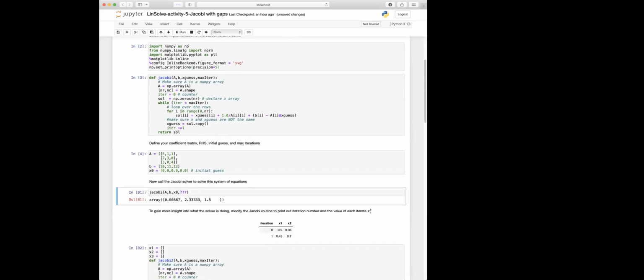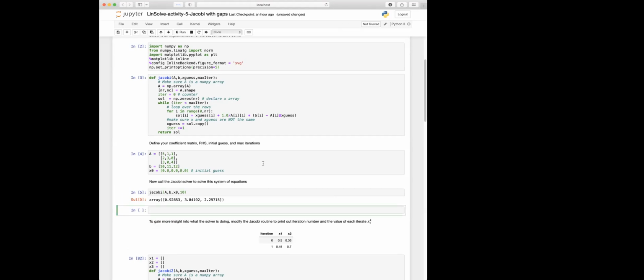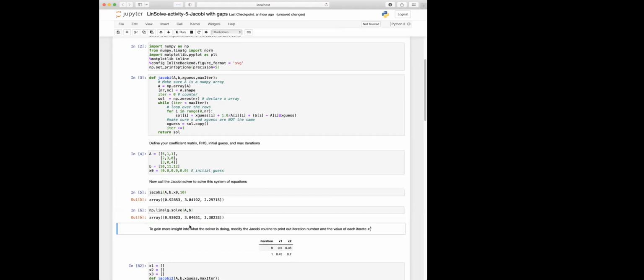And now simply call the Jacobi solver. Jacobi takes the coefficient matrix, right-hand side, initial guess, and a maximum number of iterations. We can put, for example, 10 iterations. If you run it, it's just going to return an answer: 0.92 and 3.04, etc. Now, to check the exact solution, you can do np.linalg.solve, and then you can put A and B, and this is the exact solution obtained from a direct solver.